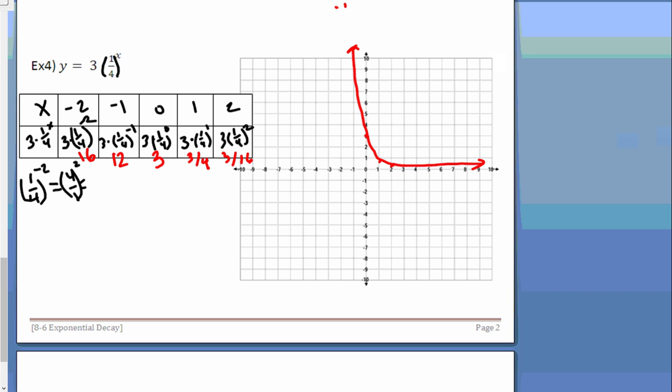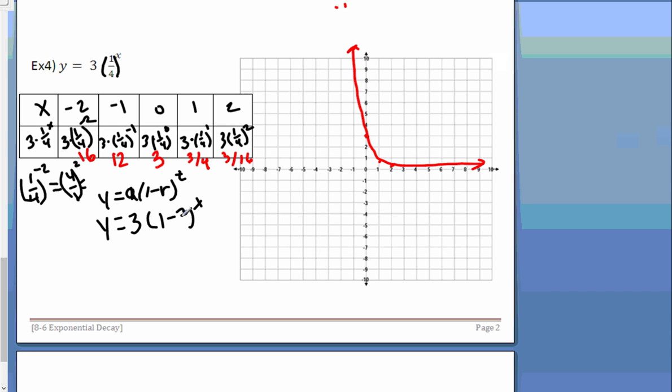Last step is to write it in standard form. So y equals a times (1 minus r) to the t. Use your imagination. So y equals, the a number has to be 3, times 1 minus something. 1 minus something made 1/4.